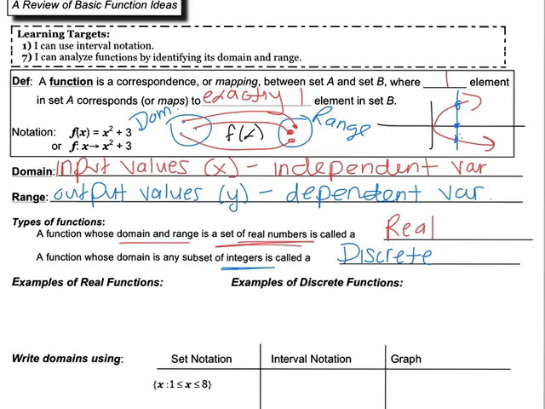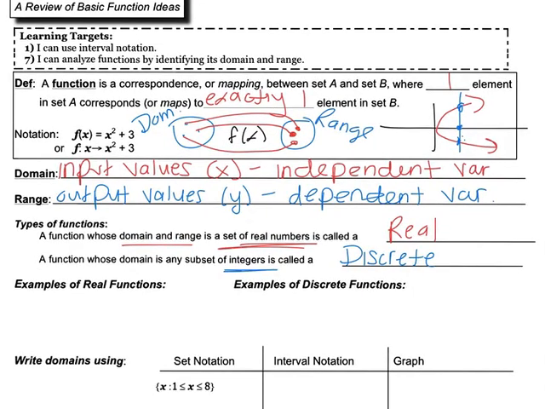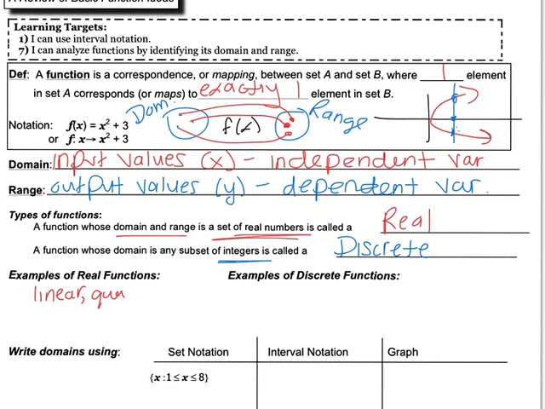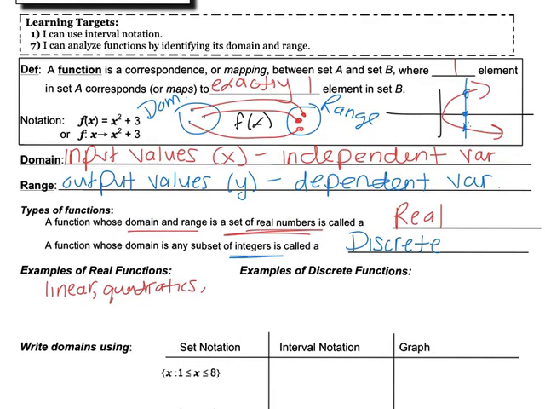So examples of real functions, which are those smooth, connected, continuous graphs, would be linear functions, so lines. Also the quadratic functions that you graphed a lot last year, or the year before, whenever you did quadratics. Another type of real function would be polynomial functions, so higher ordered polynomials.